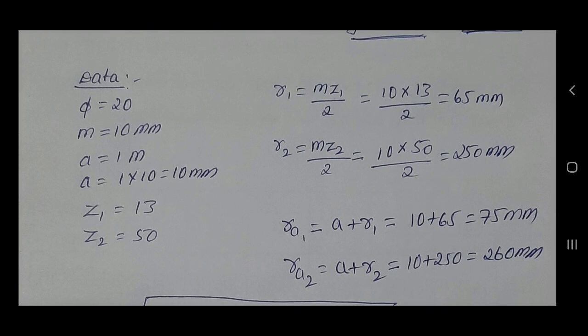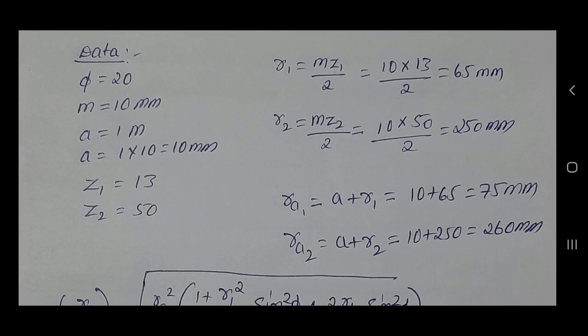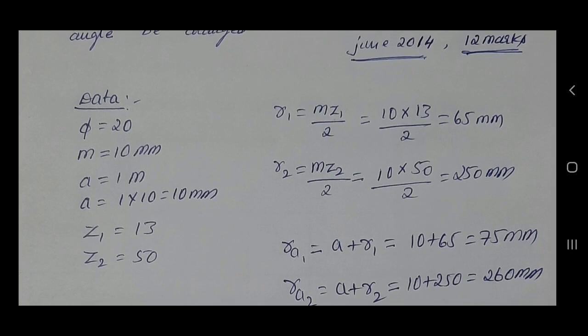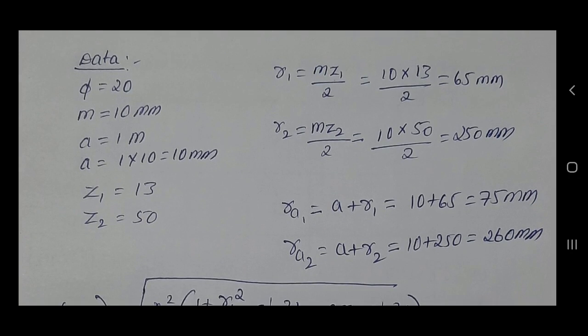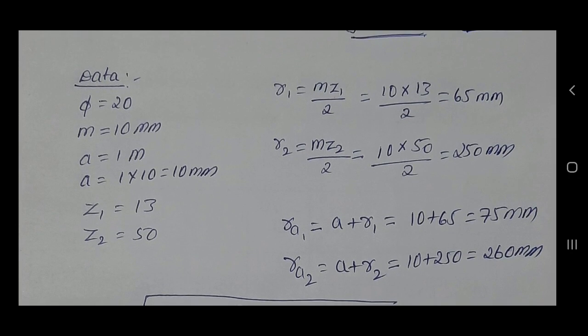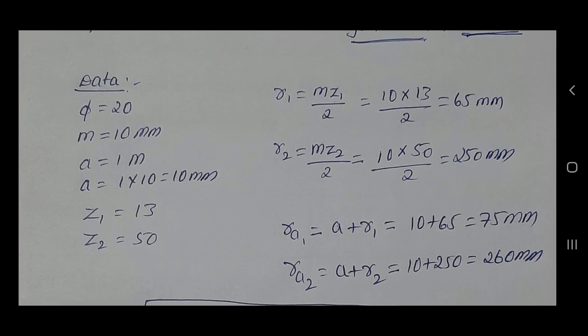In this problem the addendum is specified, so we can easily find the radius of the addendum circle. Addendum is the radial distance between the addendum circle and the pitch circle, that is A is equal to RA minus R. We need to find the unknown radius of the addendum circle.